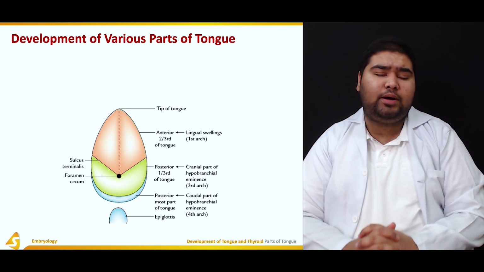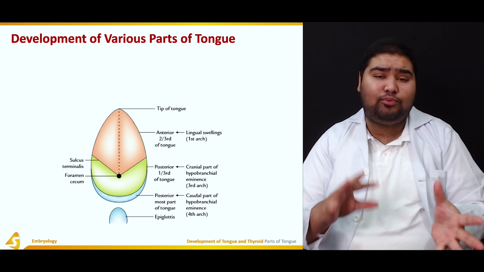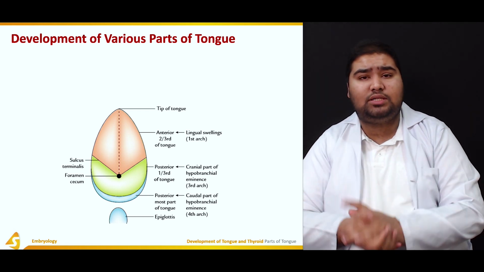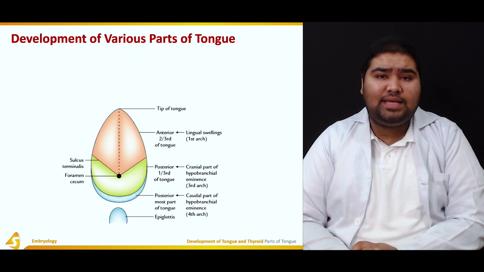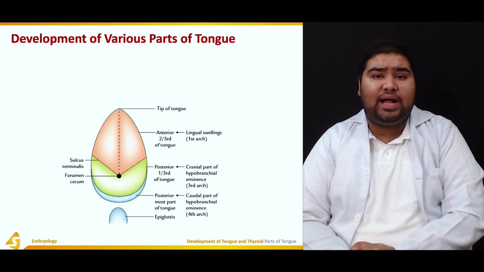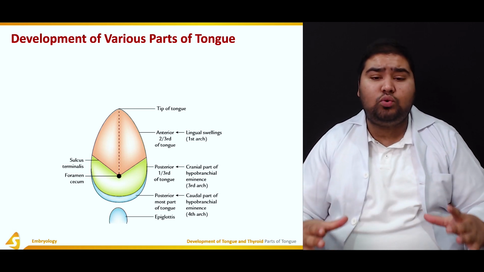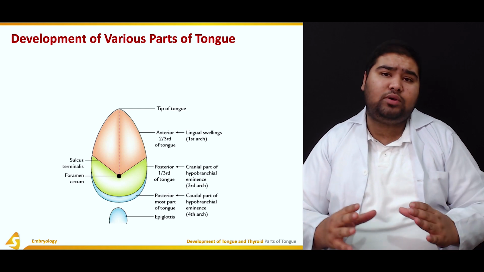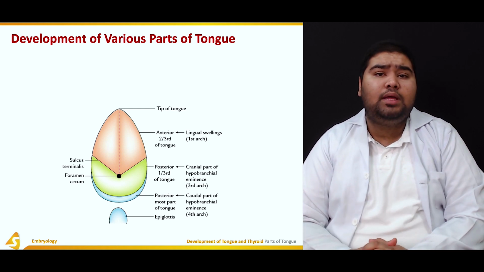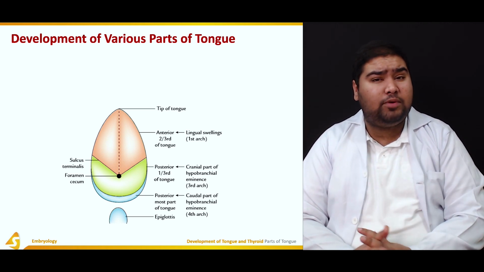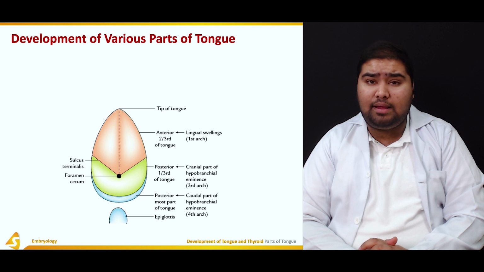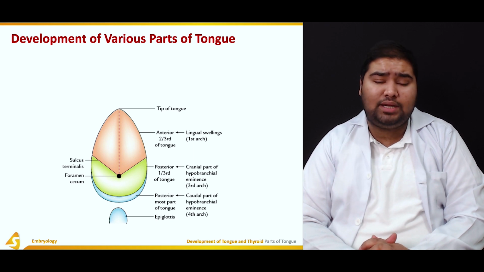Now let's talk about what structures form what parts of the human adult tongue. So the anterior 2/3 of the tongue are actually formed by the two lingual swellings coming together with the tuberculum impar. Tuberculum impar is actually a vestigial component, and does not form any part of the adult human tongue.